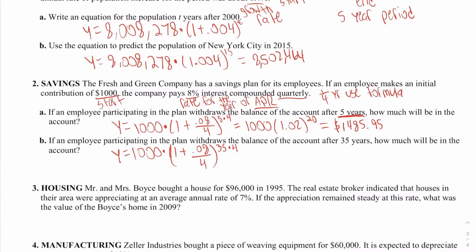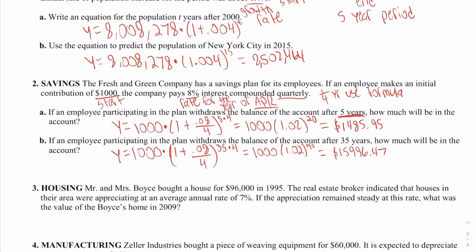And then we can simplify this. And this answer is $15,996.47.